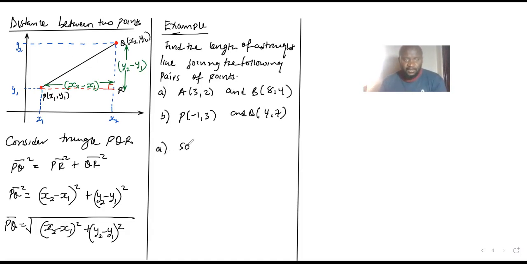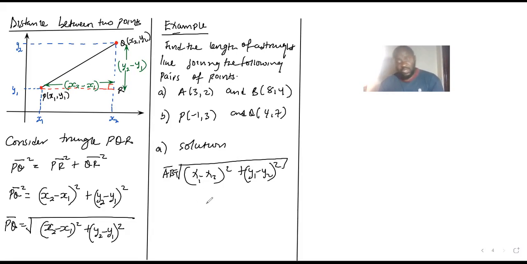So the solution of A: AB is the distance, so it is going to be got from the square root of (x1 minus x2) squared plus (y1 minus y2) squared. The order does not matter because you square them at the end of the day.